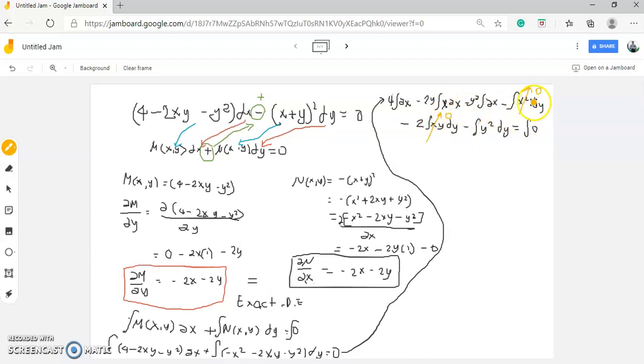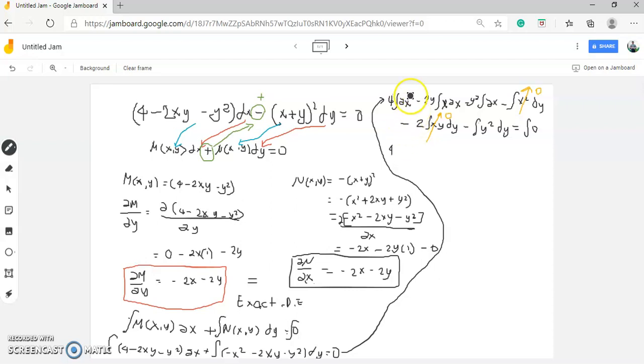It could only happen if your differential is partial. If it is total integration, then that is equivalent to 0. So this one, dy and y. Okay, so let's continue. So from here, what is the integral of partial of x? Guys?